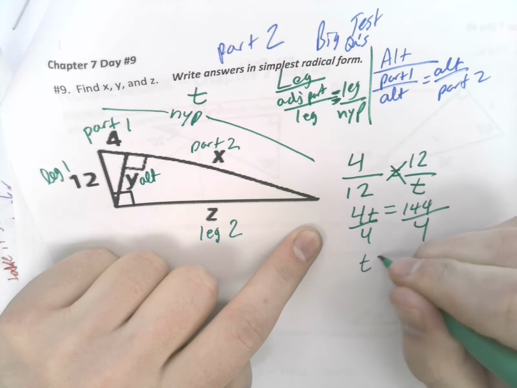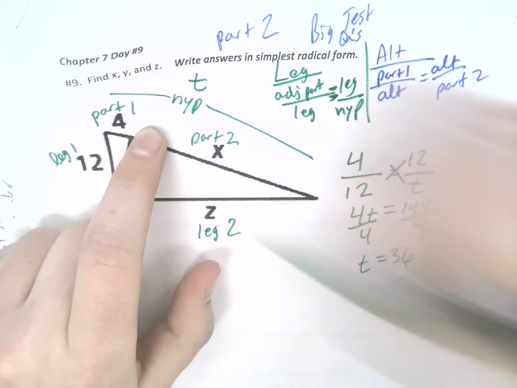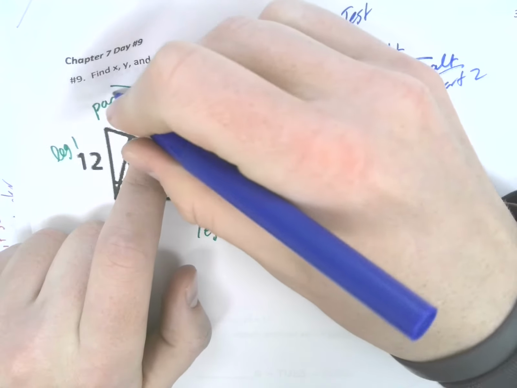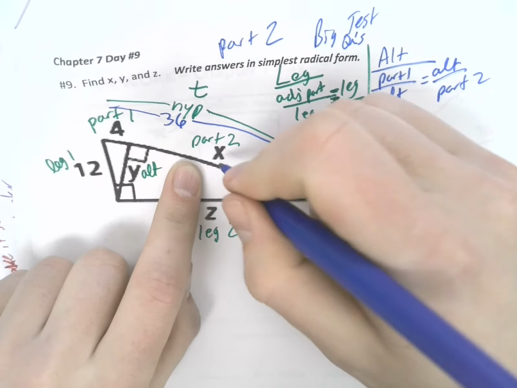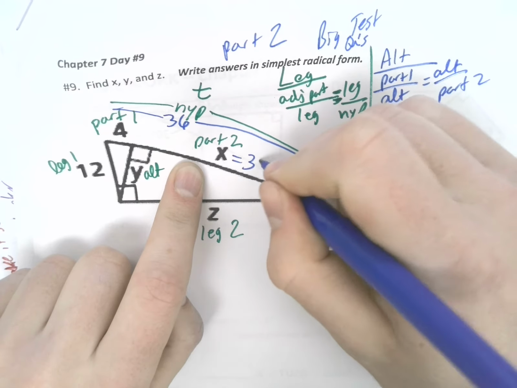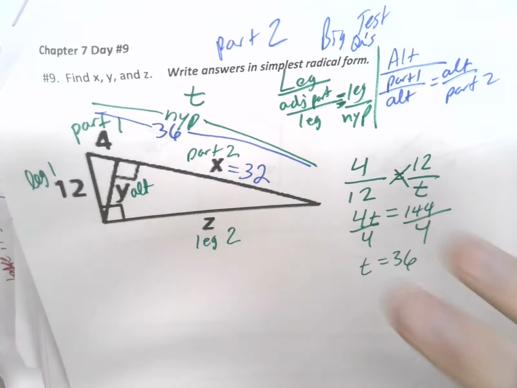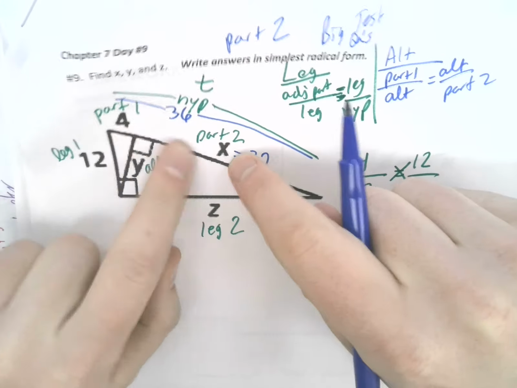We end up with T being 36. So our hypotenuse is going to be 36. Well, if that's the case, and that's 4, that's going to make x 32. So guys, the whole goal of geometry is using what we know to find what we don't know.